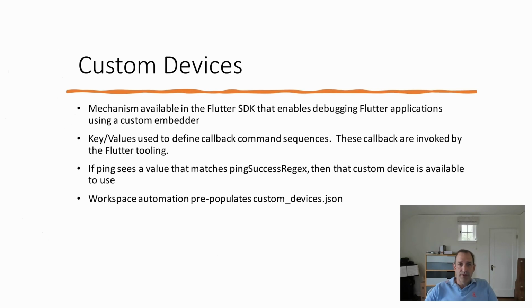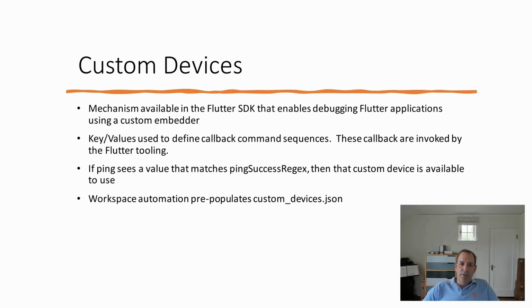A little more about custom devices. This mechanism is available in the Flutter SDK, and it enables debugging Flutter applications using a custom embedder. Key values are used to define the callback command sequences, and these callbacks are invoked by the Flutter tooling.